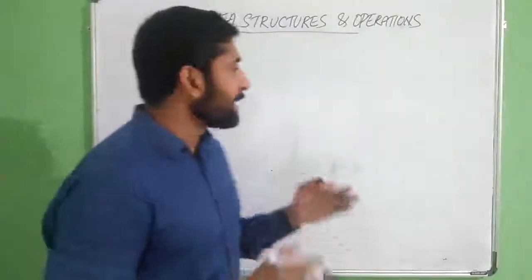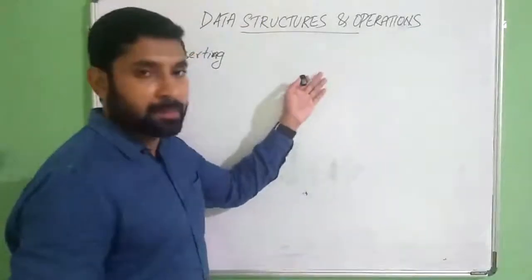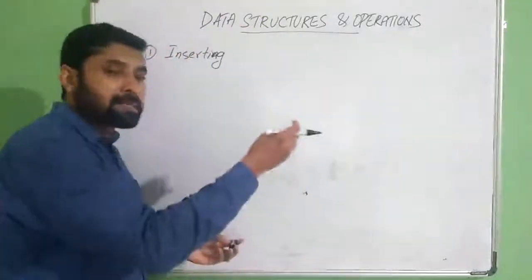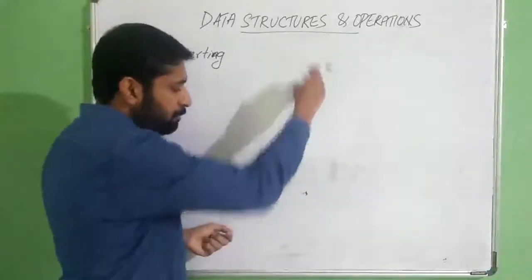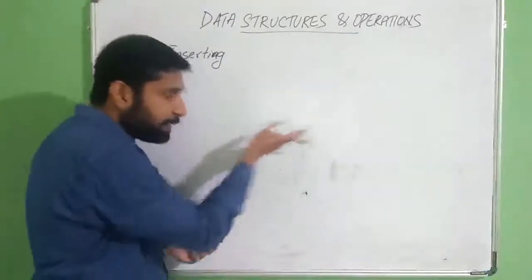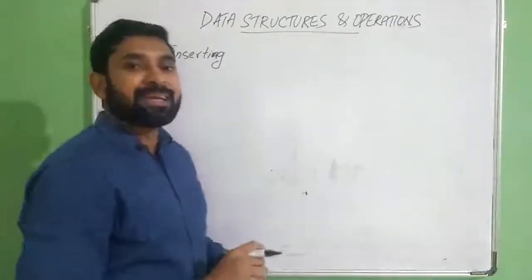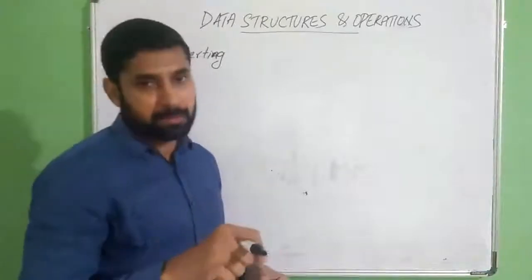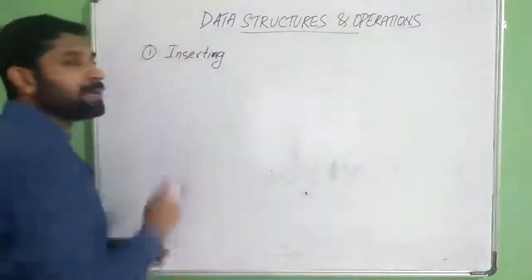We have an already existing data list or data structure. We are adding a new item into the list. It may be at the beginning, it may be at the end, or in between some elements in the list. So that process is called inserting. Adding a new element into the list in a particular position is called inserting.